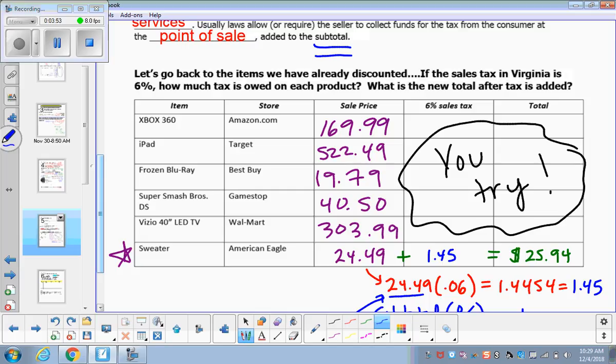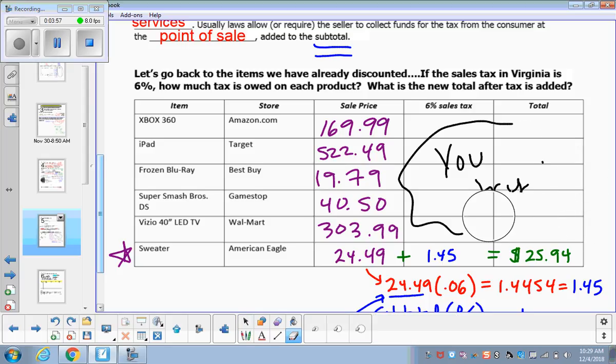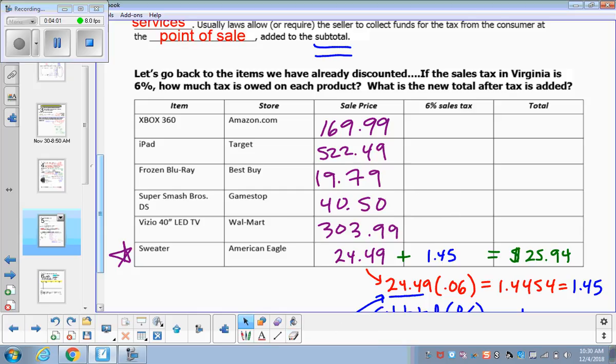Then, of course, you need to add it. You're going to try this section right here. I'm going to erase it right now. That's what you're doing right now. If you need to pause the video, you can pause, but you're basically taking each of these numbers and multiplying by 0.06 to get the sales tax.